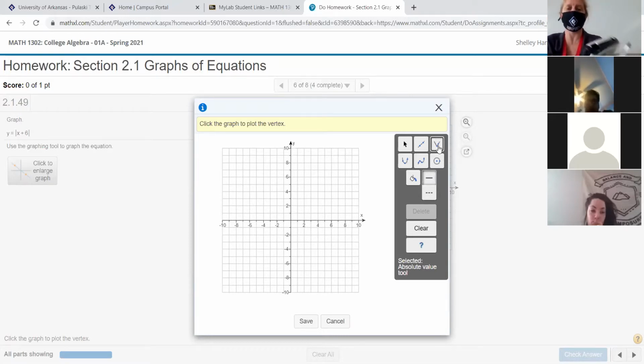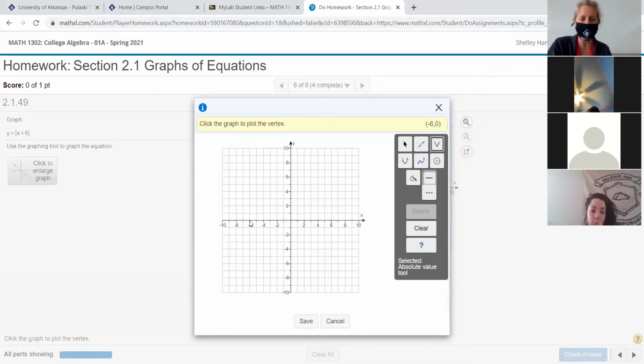So now go back to second table and look over here in your y's for the 0. That vertex is right there at -6, 0. Right? Because that's where that V came down and made that point. That's the point it's telling me to plot first, the vertex.